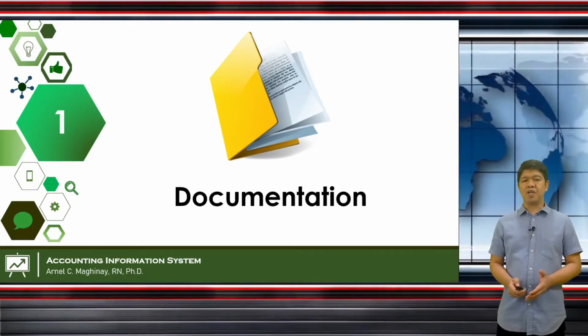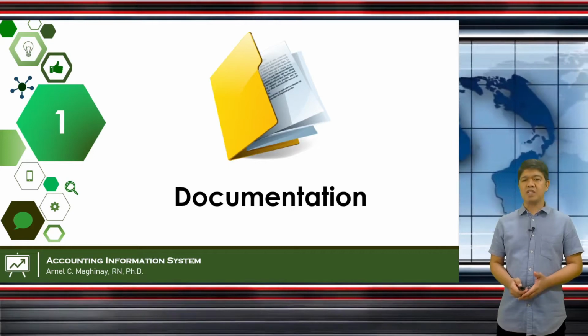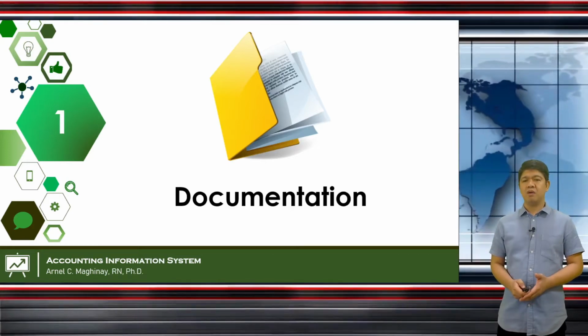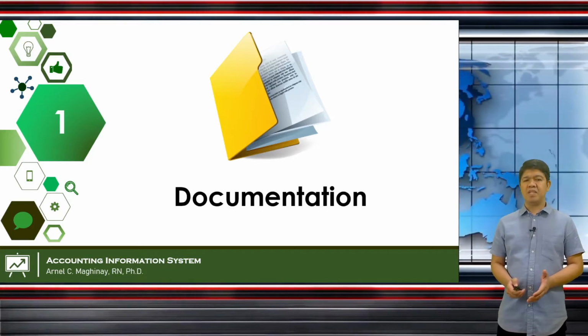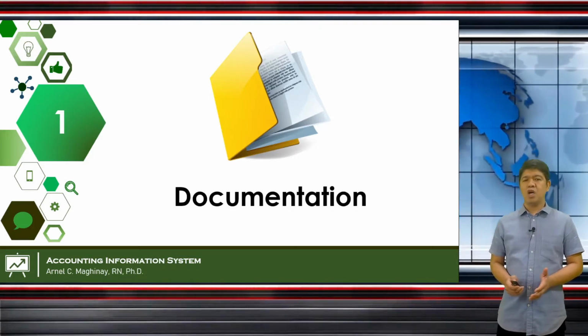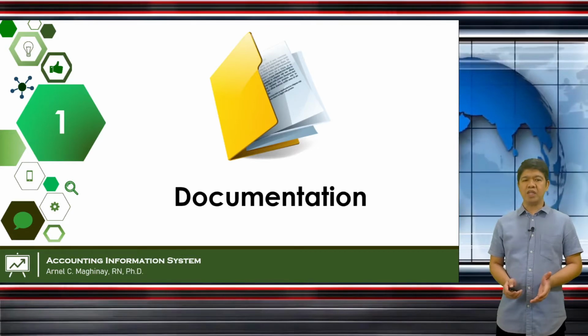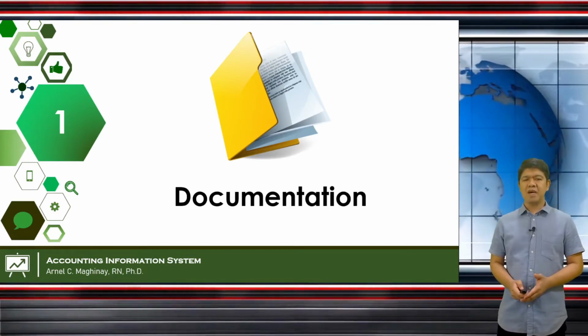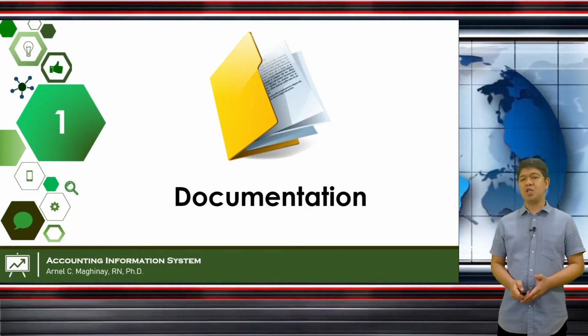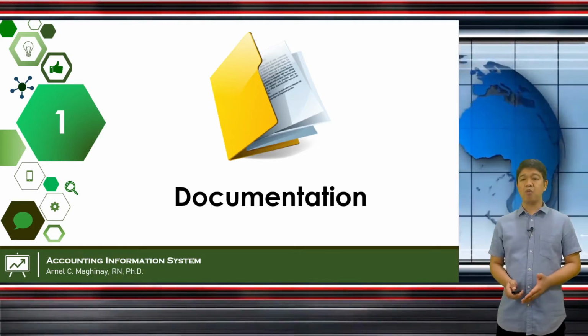In this chapter, we explain three common systems documentation tools. We have the data flow diagrams, the flowcharts, and business process diagrams. Documentation tools are important on the following levels. At a minimum, you must be able to read documentation to determine how a system works.